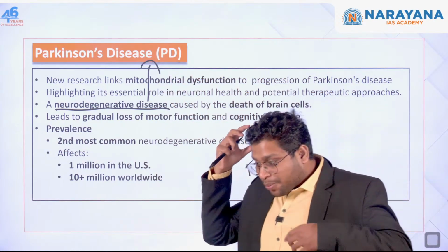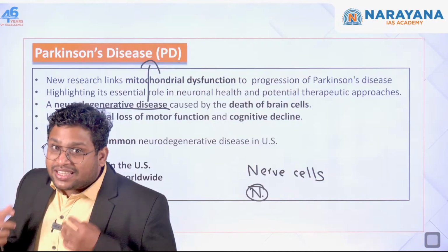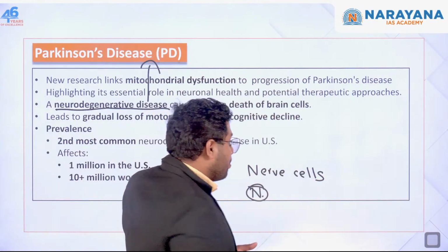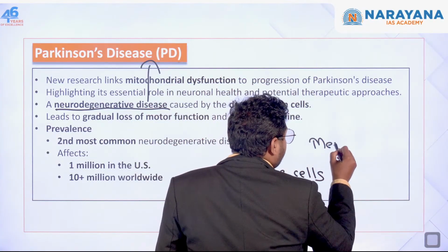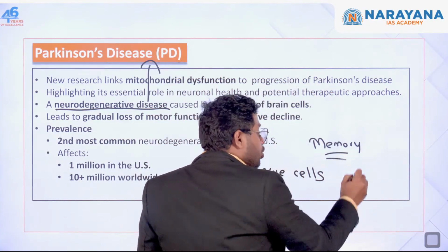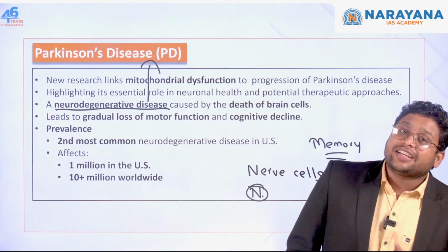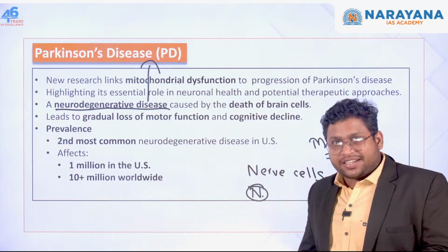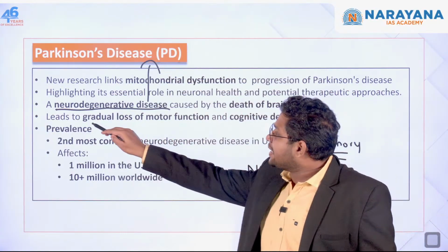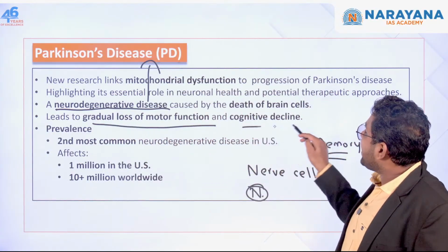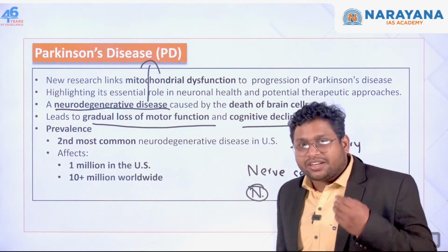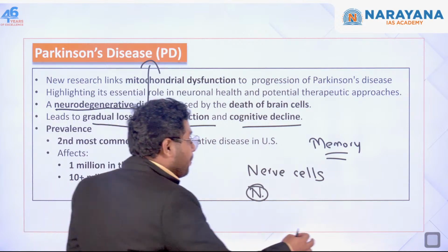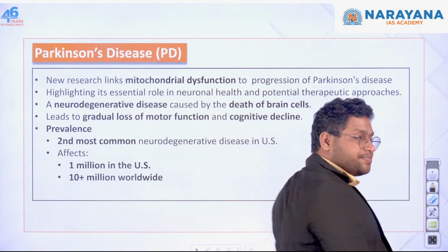Obviously, if your brain cells are dying, your memory, your ability to think and solve problems might get affected. So there is gradual loss of motor function and cognitive decline; your motor skills also get affected because of Parkinson's disease.